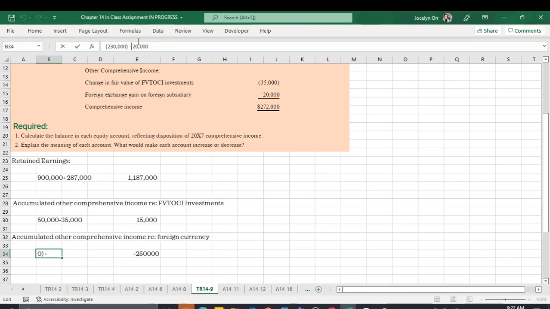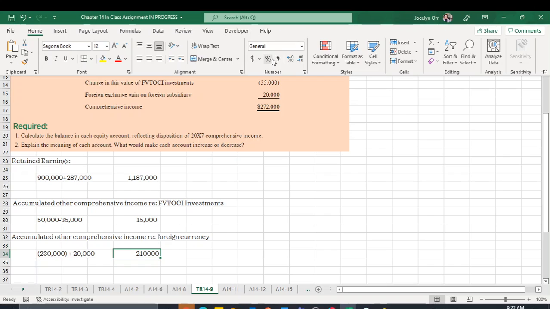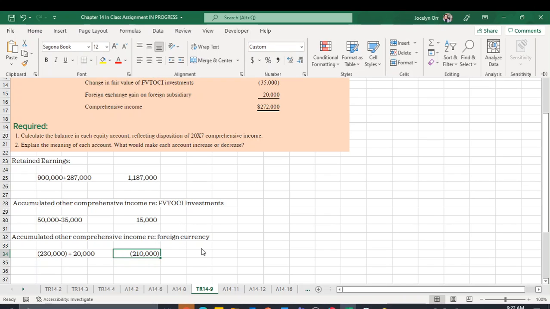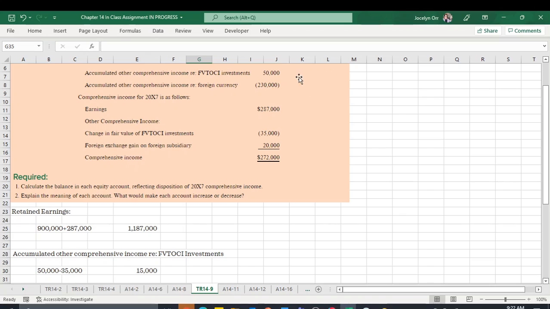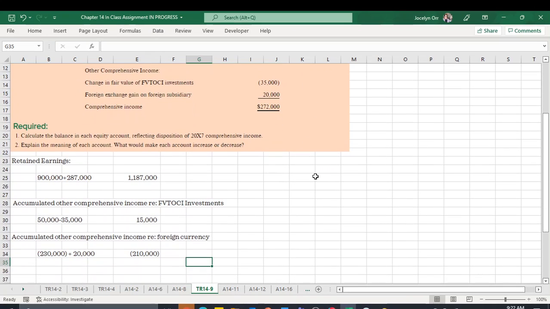Sorry. I always get confused with Excel and doing the negative and positive. We're going to get an overall loss of $210,000. Okay, so our loss has decreased from the first year to the second year.